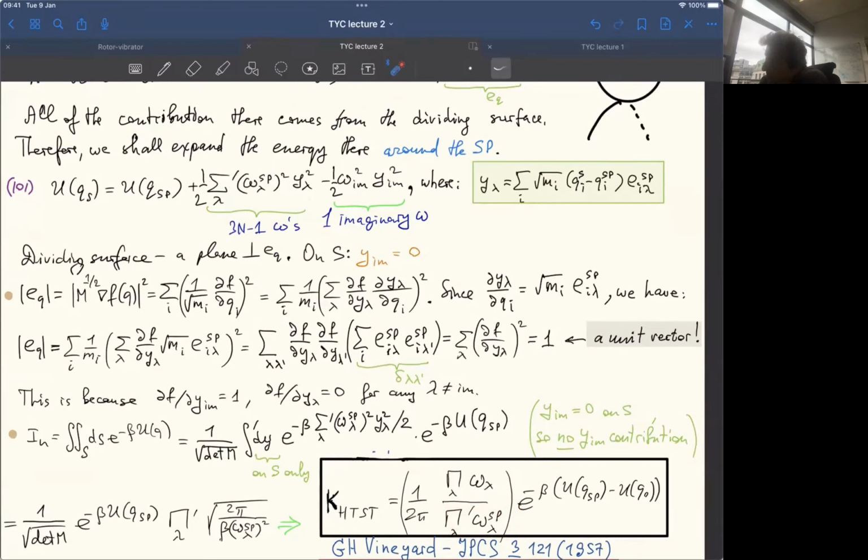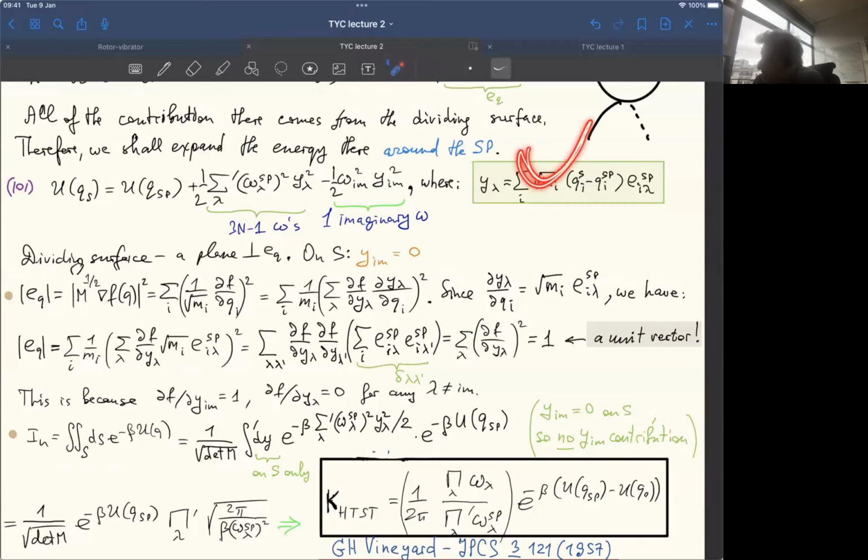Okay, so if we assume that all other frequencies but this one do not change as you go from the minimum of the reactant basin towards the saddle point, they will cancel out. So 3N minus 1 frequencies would cancel out, but that product contains 1 frequency more. And that's the frequency which doesn't cancel out.